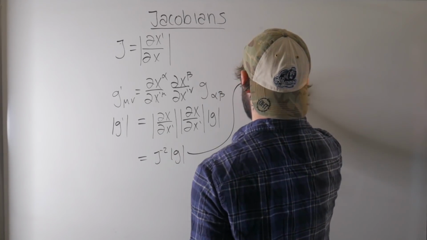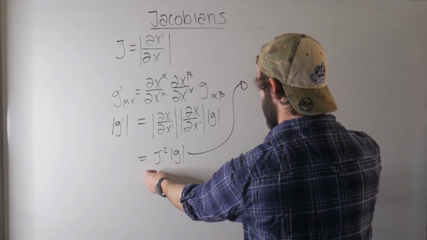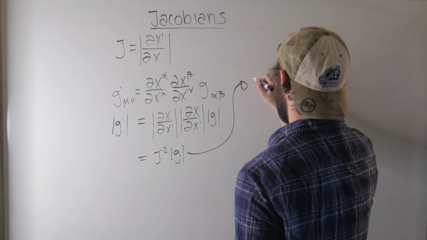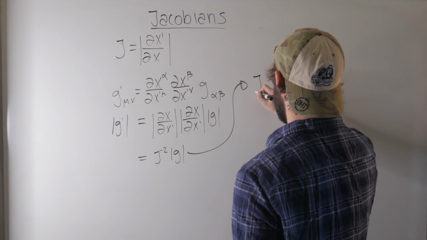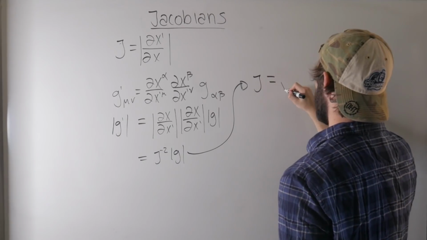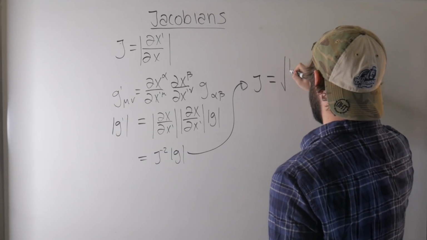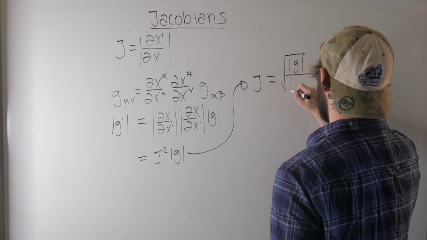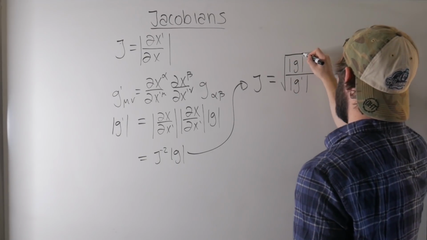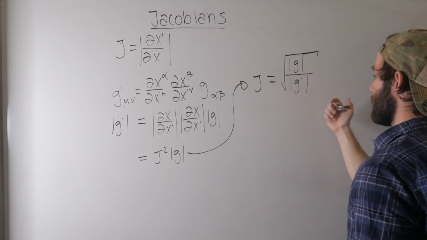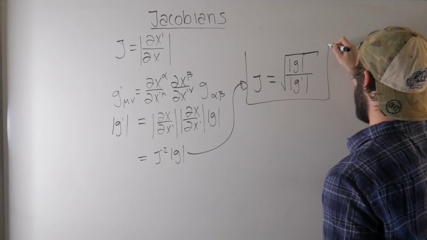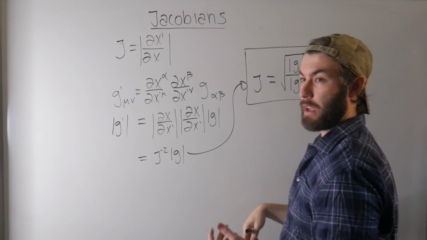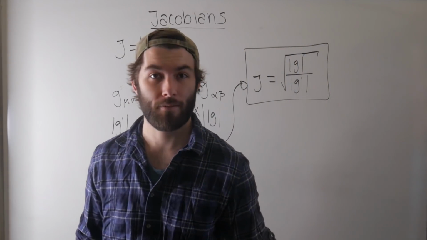So multiplying both sides by J squared, and then taking the square root and all that jazz, doing the actual algebra, J is equal to the square root of the determinant of g over the determinant of g'. Now a lot of times our primed frame is going to be like our Cartesian coordinates.